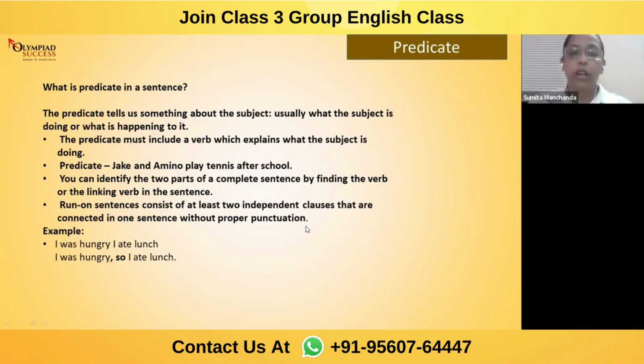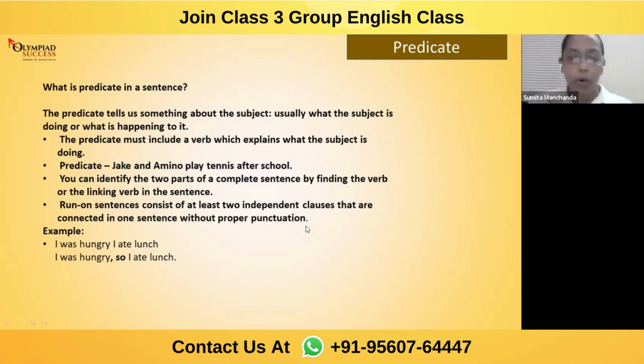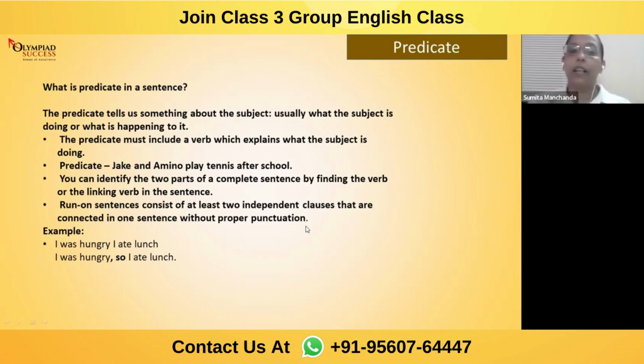When you say I was hungry, it is enough to make us understand that you are hungry. This is an independent sentence. It does not need the support of any other sentence, isn't it? Yes. Now read the second part of this sentence. I ate lunch. Again, it is enough for us to understand that you had lunch.